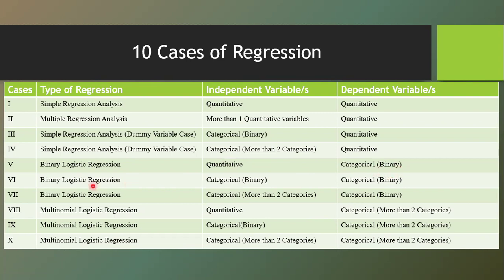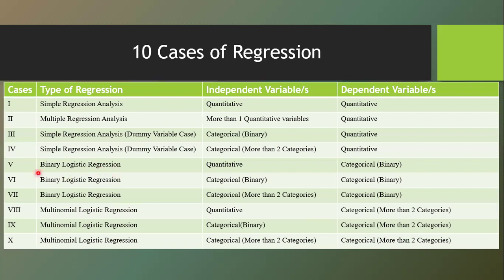In the sixth case, you are using binary logistic regression, your independent variable may be binary and your dependent variable may still be binary. In the seventh case of regression, you may have a categorical independent variable, but your dependent variable needs to be binary. Whenever your dependent variable is binary, you are going towards binary logistic regression.